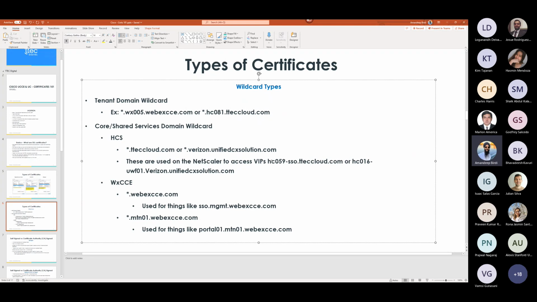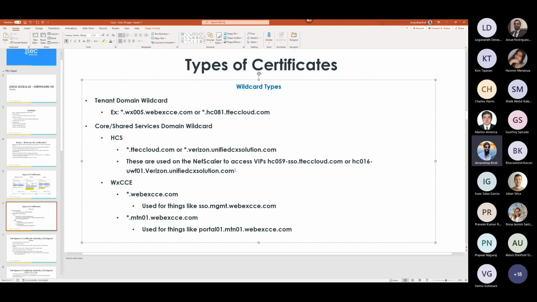Because they're exposed via the load balancer. And you will notice that some of these applications, if you try accessing them using the actual server FQDN rather than the VIP, the browser complains that the cert being used doesn't match the domain that you're accessing.